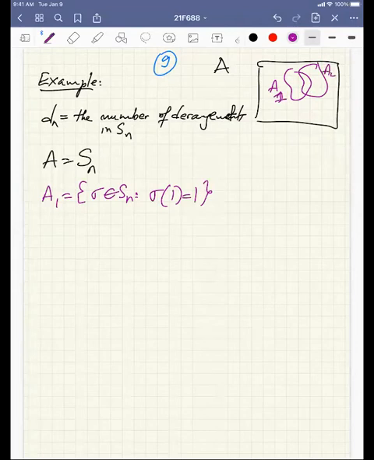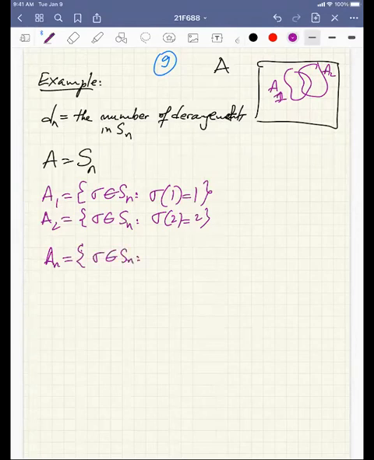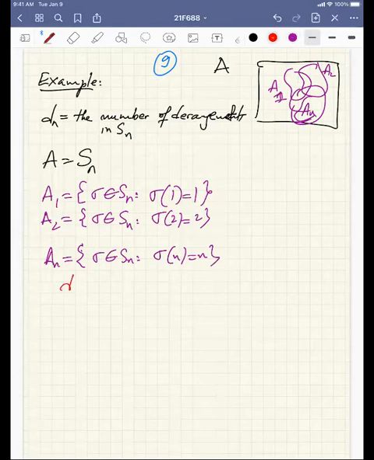And then A2 is going to be similar: all the sigma in Sn with sigma of 2 equals 2, and so on, sigma of n equals n. Okay, so these are the bad sets. And then it's clear that the number of derangements, Dn, is going to be the cardinality of A minus the union of these sets, A1, A2, through An.